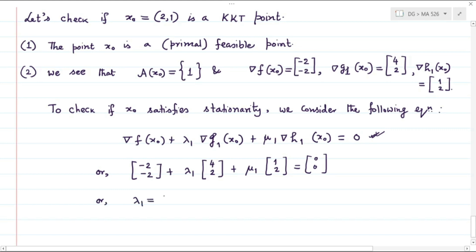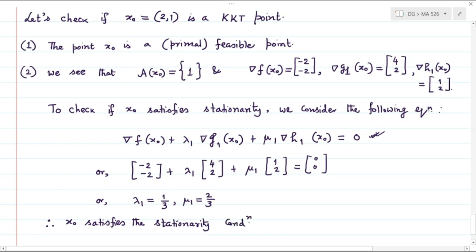You check that lambda 1 equal to 1/3 and mu 1 equal to 2/3 satisfy this. Therefore the point x0 satisfies the stationarity condition.